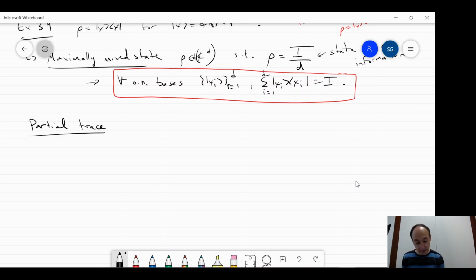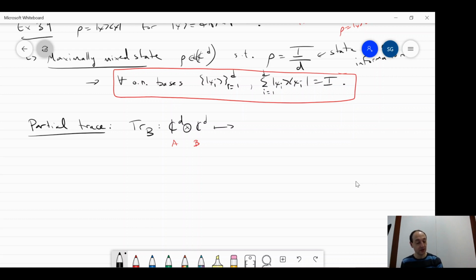Okay, so remember the partial trace. Instead of writing just trace, let's say I have a bipartite system. What it will do is take in a 2-party system, C^d tensor C^d. Let's imagine I call this system A and this is system B. It's going to essentially throw out the second system and keep the first one around.